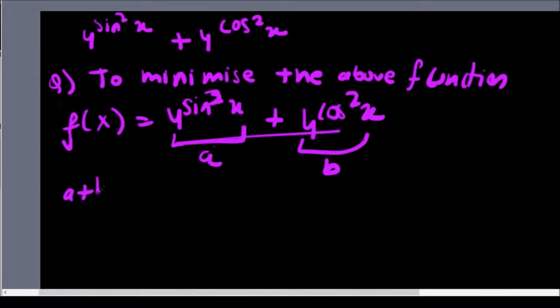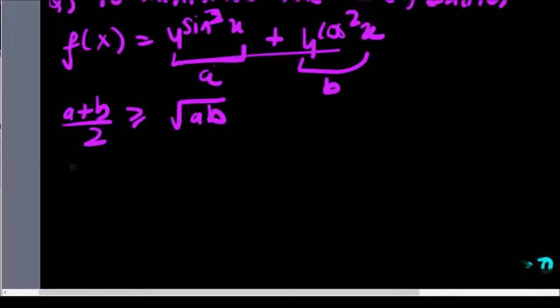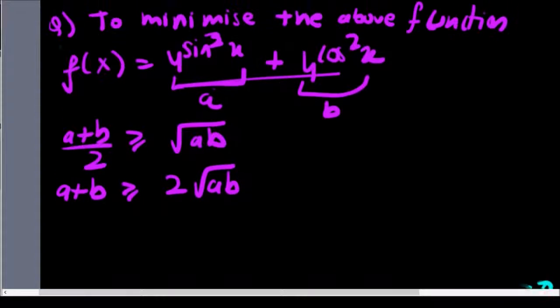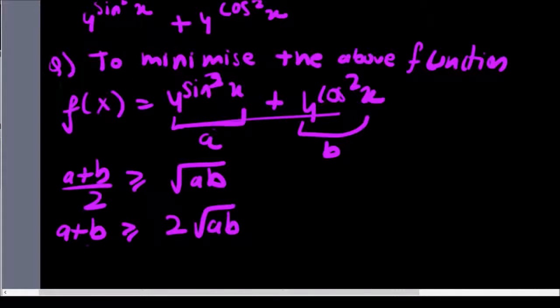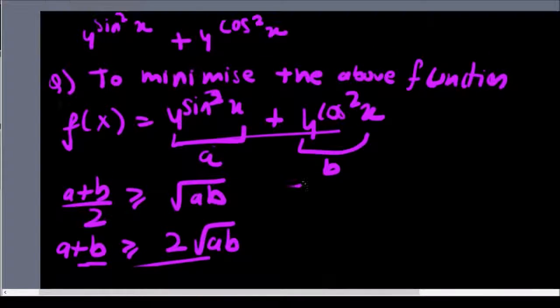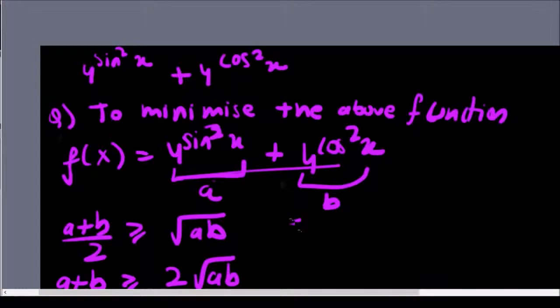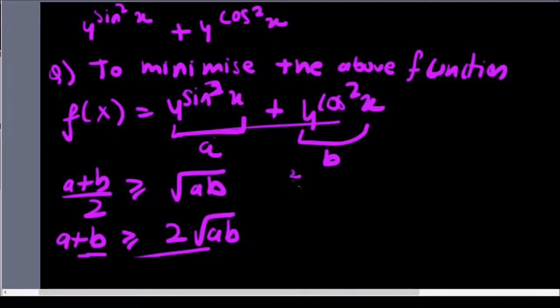So we know that (a plus b) over 2 is greater than or equal to the square root of ab. So a plus b will be greater than or equal to 2 times the square root of ab. Now notice that a plus b is just f of x. So we can find an expression for f of x being greater than or equal to something, and the minimum value will be that something.